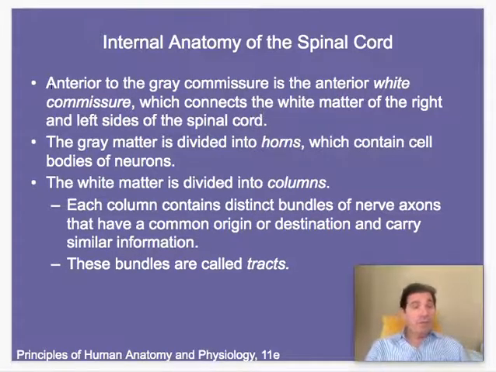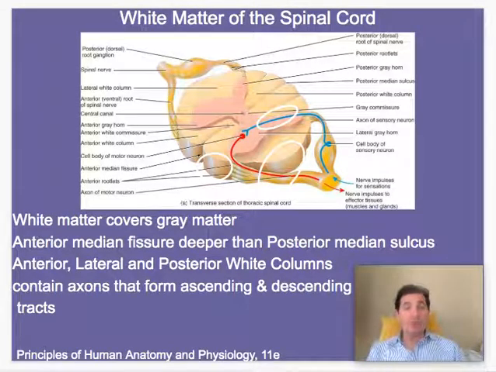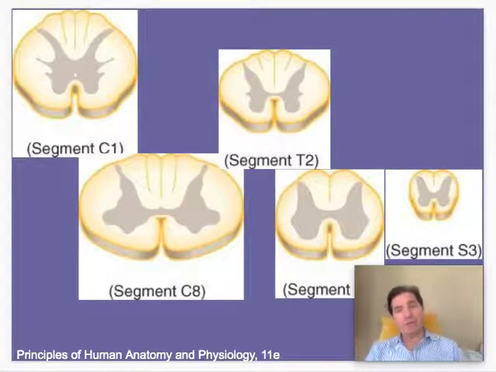So when we're looking at it, you'll notice in this image, we have that same image that we had before, but now you have things circled. Those circles are trying to help you understand where those tracks or columns are located. It doesn't matter which part of the spinal cord we're dealing with, you're going to see it. But here's the thing.